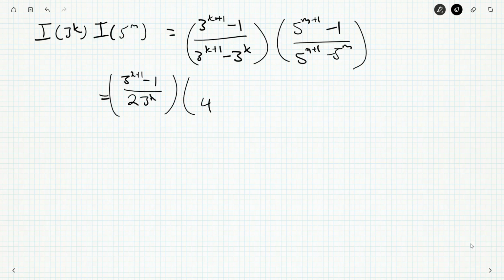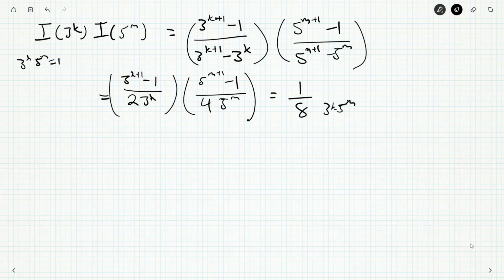And then 4, 5 to the m, 5 to the m plus 1 minus 1. So we've got 1 over 8 times 3 to the k, 5 to the m. I'm going to call 3 to the k, 5 to the m equal to n.